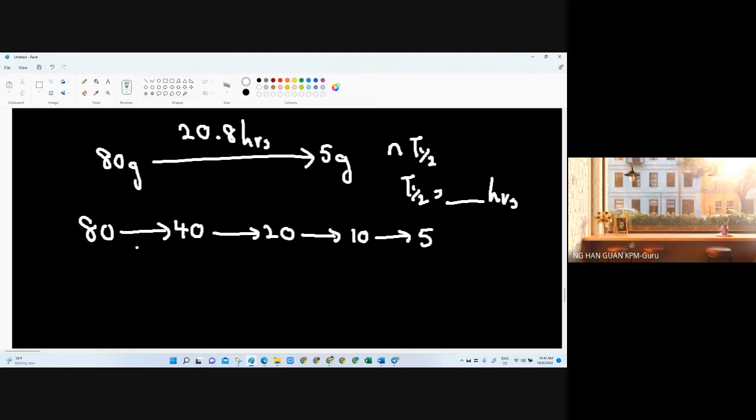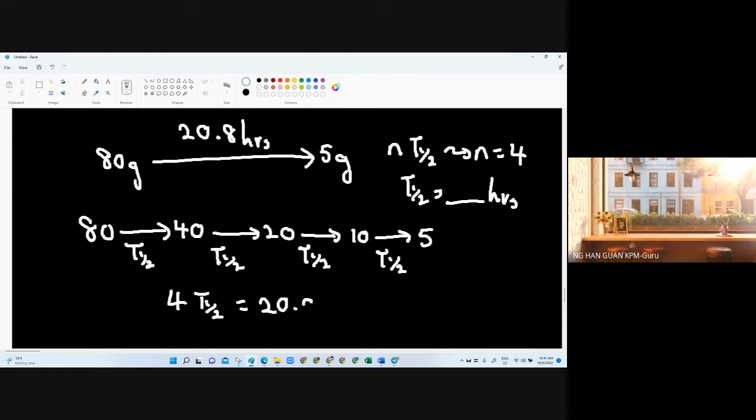How many half-lives? 1 half-life, 2 half-lives, 3, 4 half-lives. So n is equal to 4. 4 half-lives in total equal 20.8 hours.